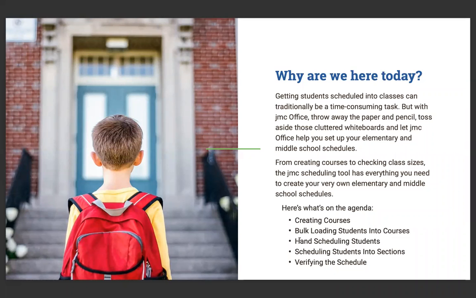The only thing I want to note, and I'm going to note it early on here, is that if you use elementary standards-based report cards out of JMC, you've worked with the JMC team, you've created your standards-based report cards. If you change your course numbers or you intend to change your course numbers, you want to reach out to that JMC tech support team. They'll reach out then to our forms design team, because they might need to edit the form.